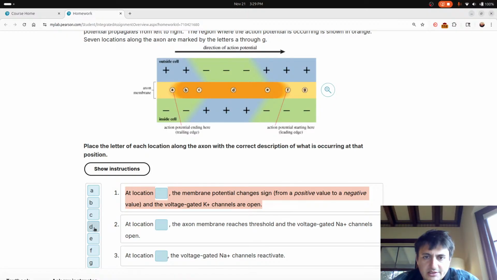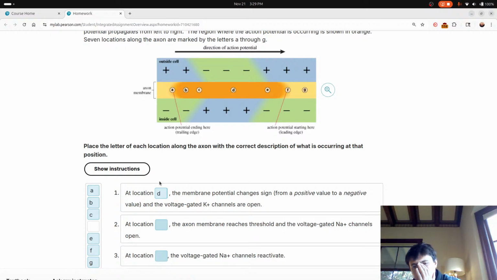I guess I would guess D. Wait, the membrane potential changes from positive to negative? Okay, sure, it's the falling. It's stage 4 of the repolarization.